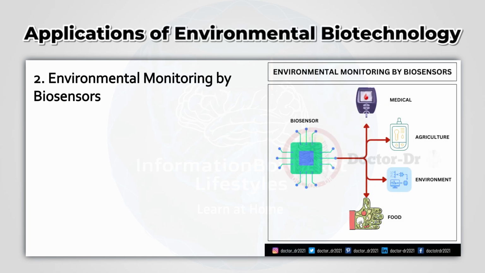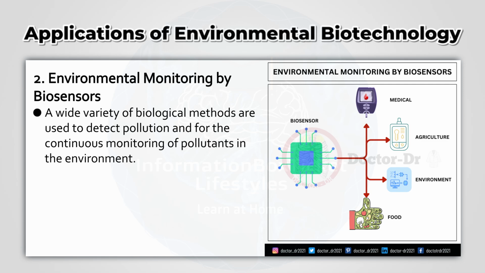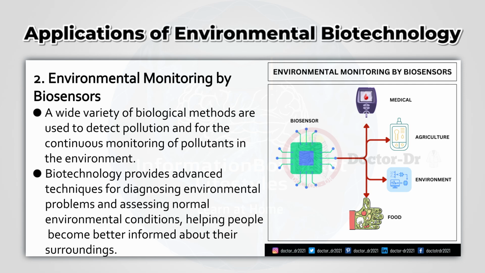2. Environmental monitoring by biosensors. A wide variety of biological methods are used to detect pollution and for the continuous monitoring of pollutants in the environment. Biotechnology provides advanced techniques for diagnosing environmental problems and assessing normal environmental conditions, helping people become better informed about their surroundings.